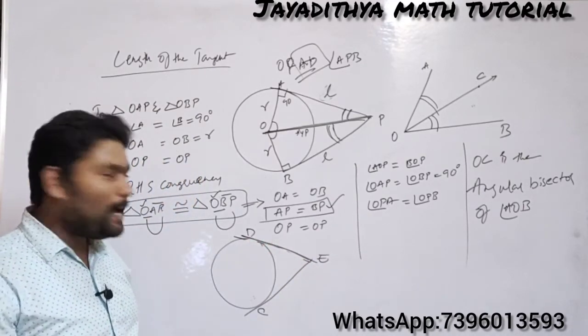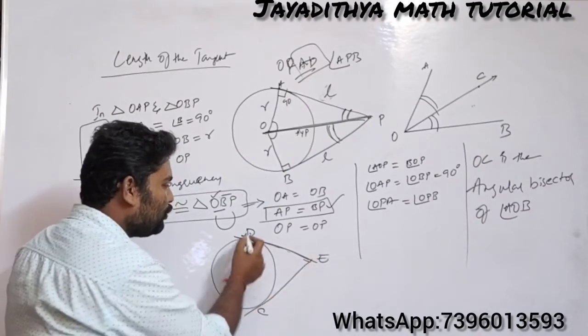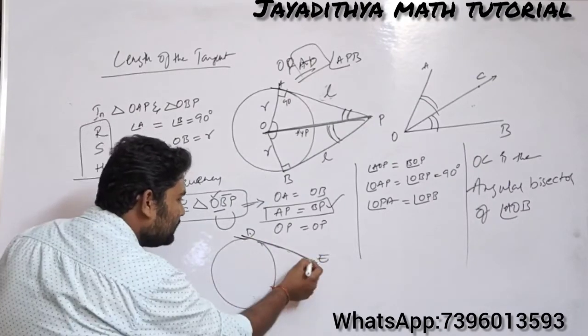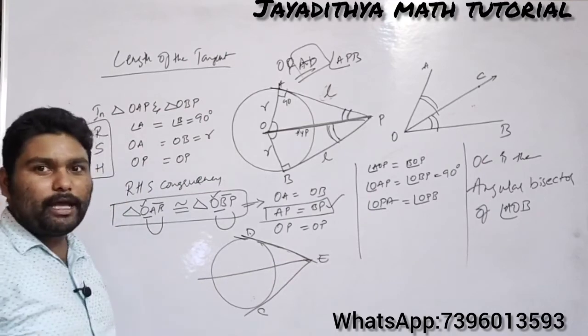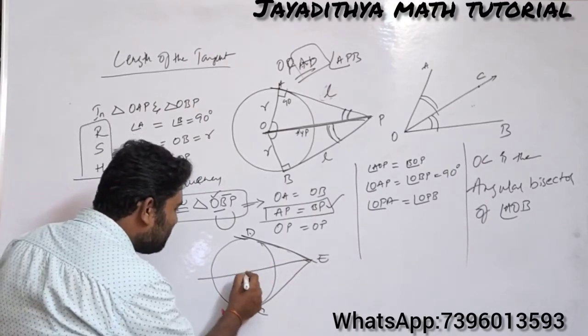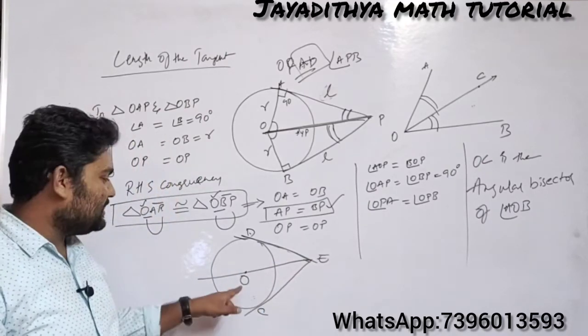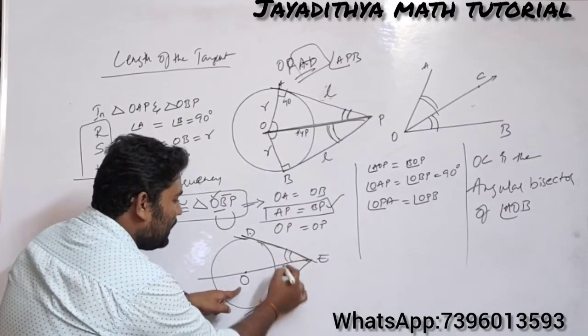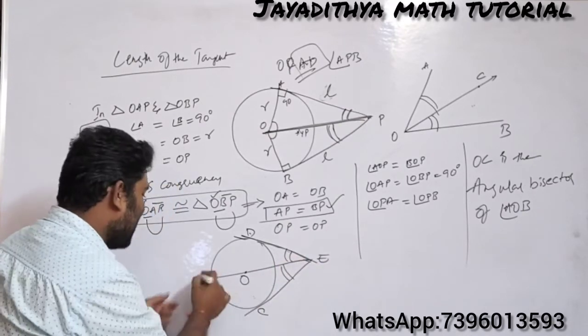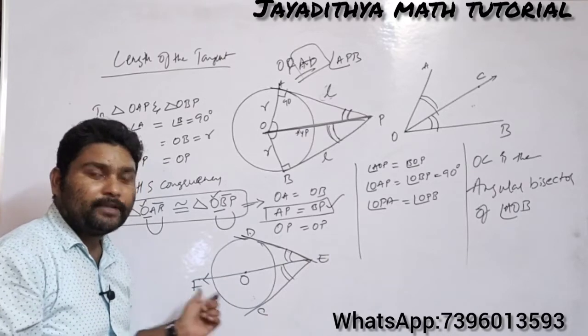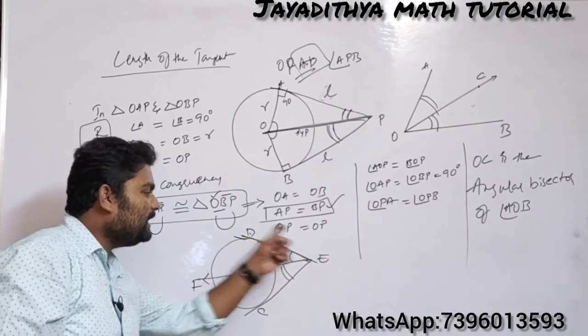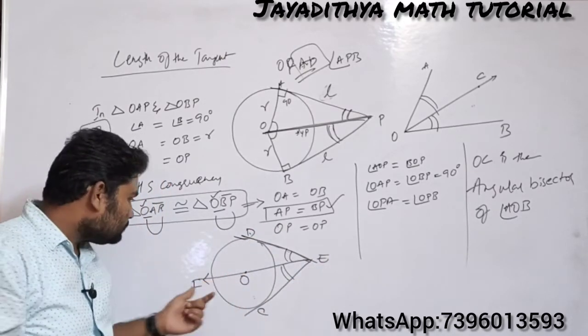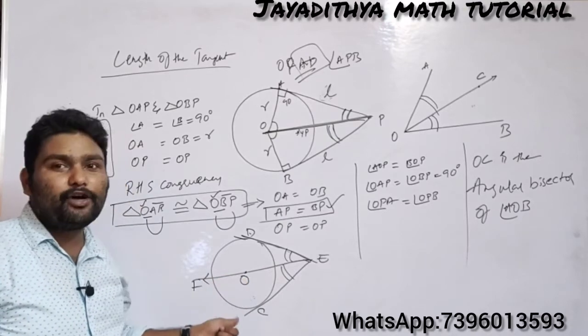If I draw an angular bisector for DEC, that means if I draw a line like this, it definitely passes through the center of the circle. Let EF be the angular bisector for angle DEC, then it definitely passes through the center of the circle.